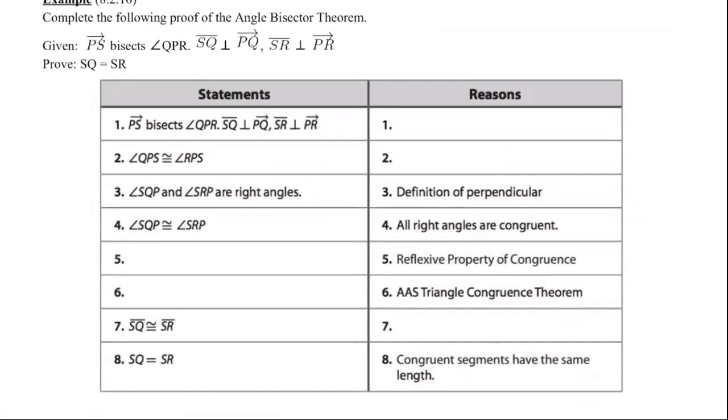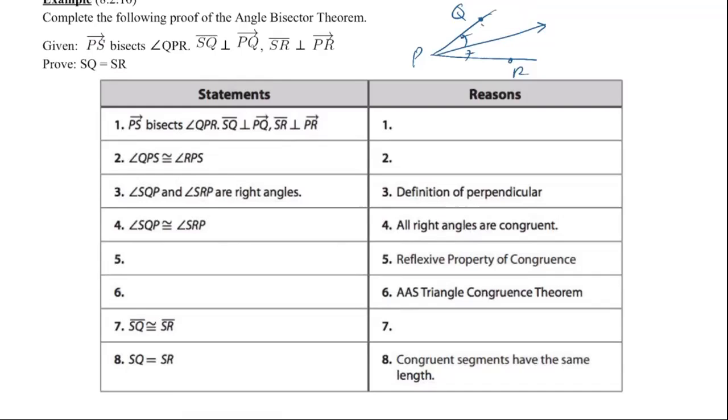Given information is that the ray PS bisects angle QPR. So P is over here, Q is over here, and R is something over here, and S, maybe over here. So it bisects. So these two angles are exactly the same. And it's saying that SQ, okay, you know what? Judging from the picture, I need to draw this a little bit.